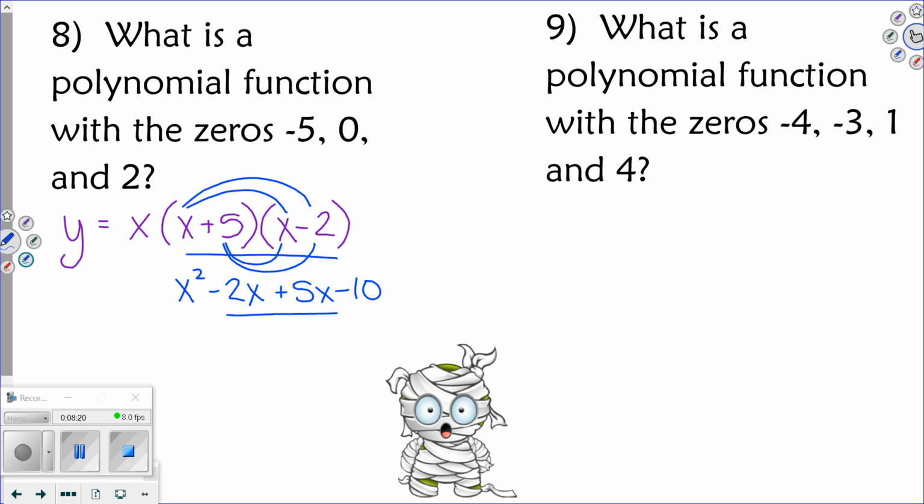Please clean up like terms. You could wait and clean up everything at the end, but some of these problems would be huge, okay? So clean up as you go, makes things a little easier. So negative 2x plus 5x, positive 3x minus 10.